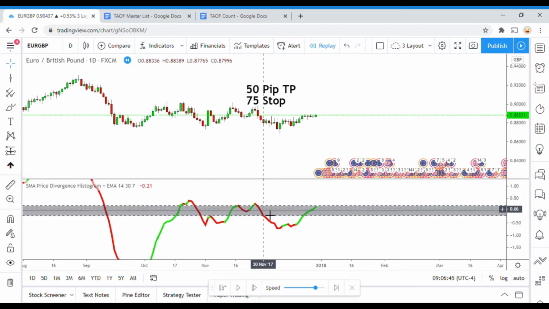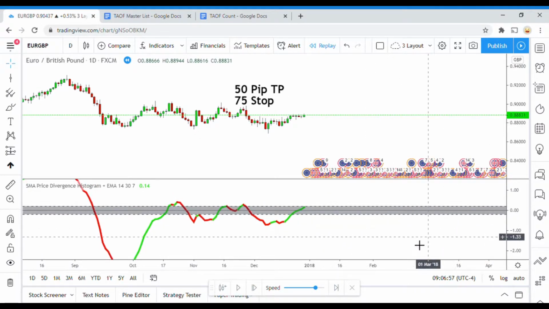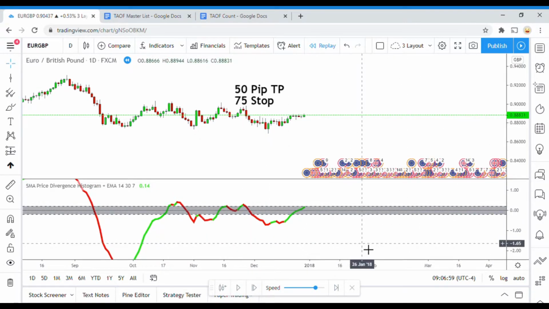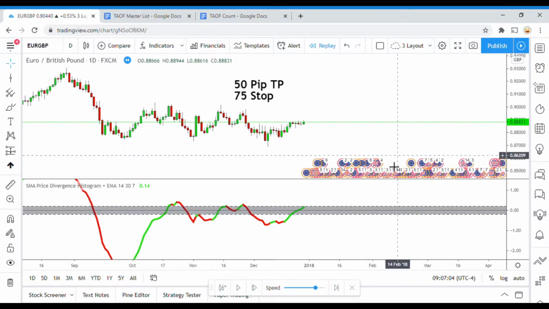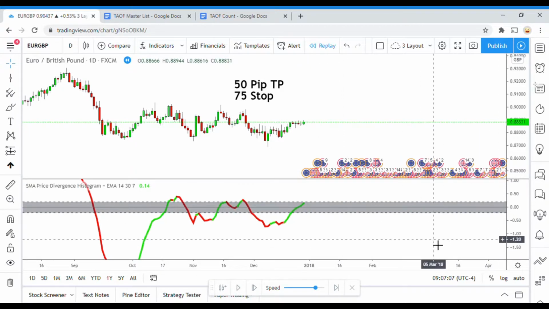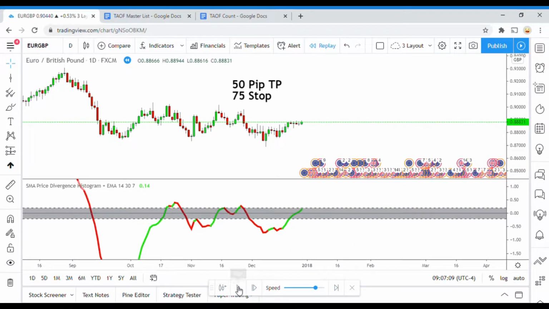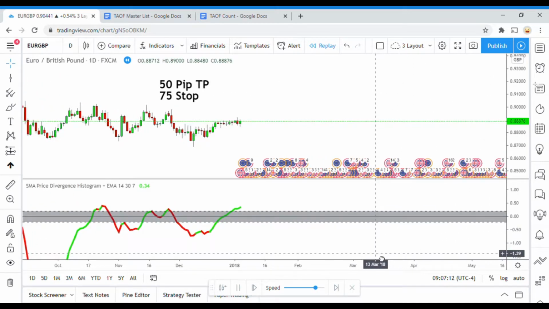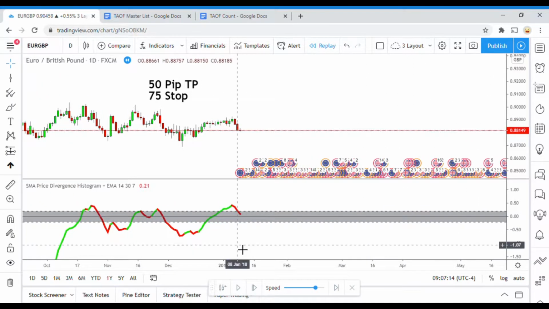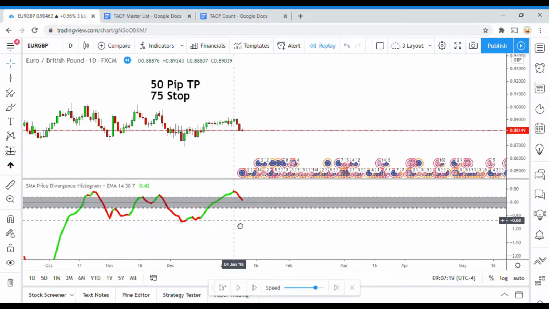So I don't quite see an instance of it, but let's say we get a signal that is inside the chop zone here, and it continues to give us that signal as it breaks out of the chop zone, then that would be a valid signal. It would have filtered out the choppiness at that point, which is basically what a choppiness or ranging market filter would be good for. So yes, with all that being said, let's get on with testing here and see what we can get out of this indicator.